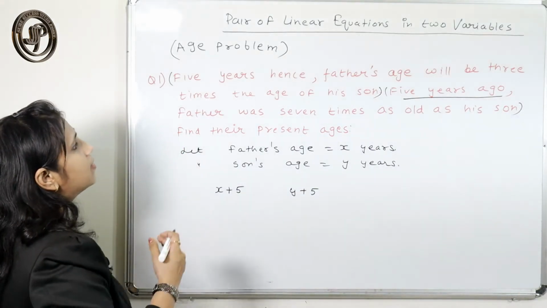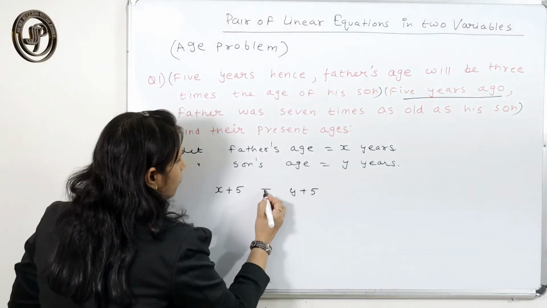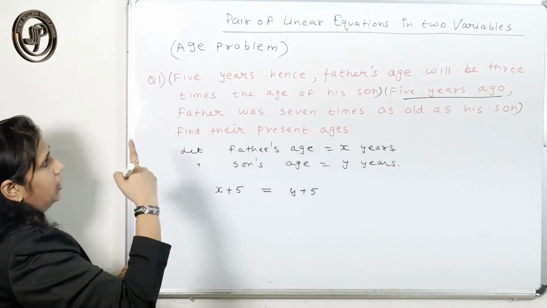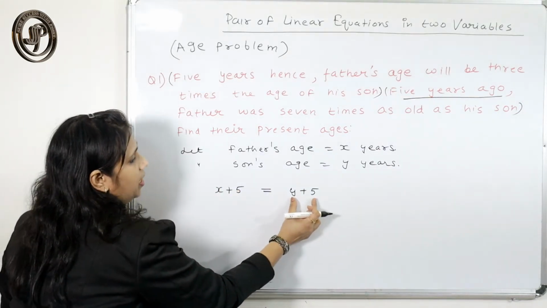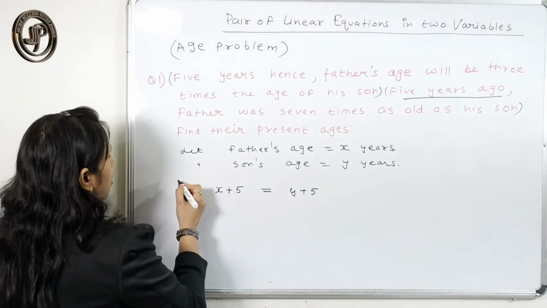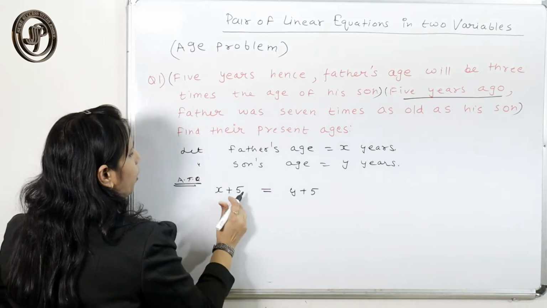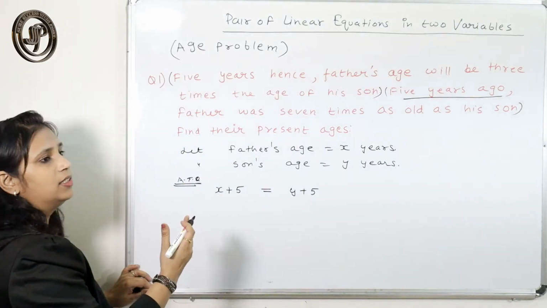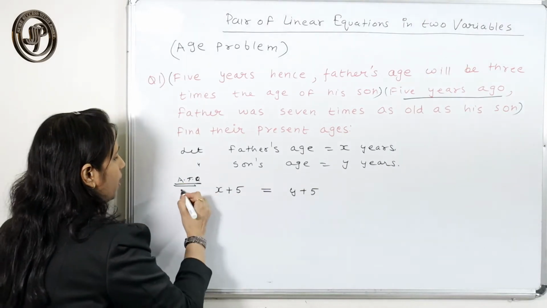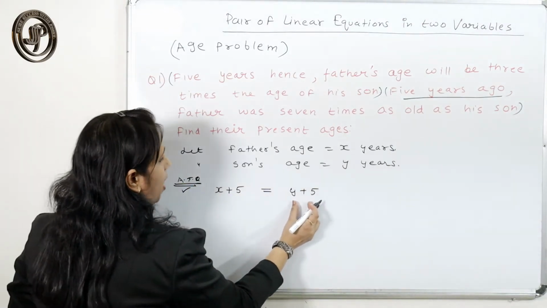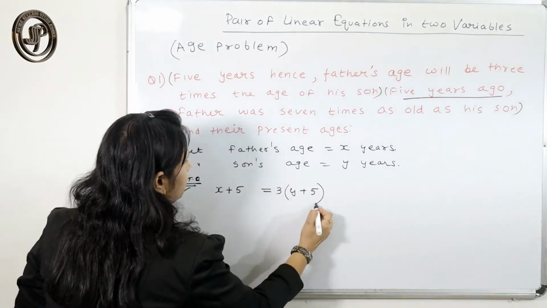So 5 years hence, father's age will be 3 times the age of the son. According to the question, if it talks about the future, then you have to add, and it will be 3 times.